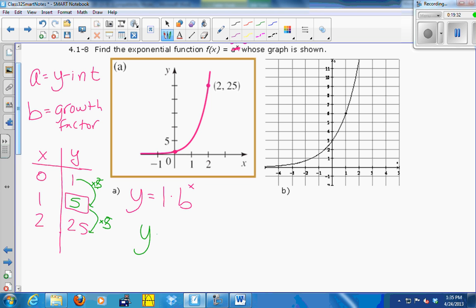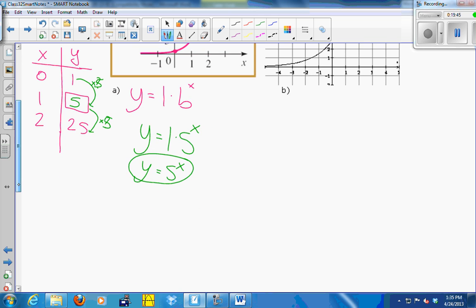So I have y equals 1 times 5 to the x, or just 5 to the x. In this case, it's 2. What's squared is 25. So you can write a little equation if you want. You could say 1 times what squared is 25. And b squared equals 25. B has to be 5. And I throw away the -5 because we already said the base can't be negative in an exponential growth.